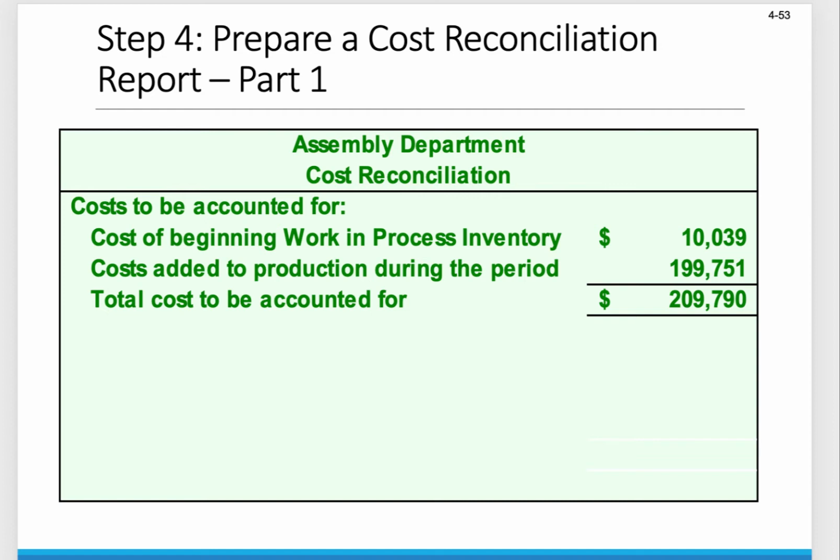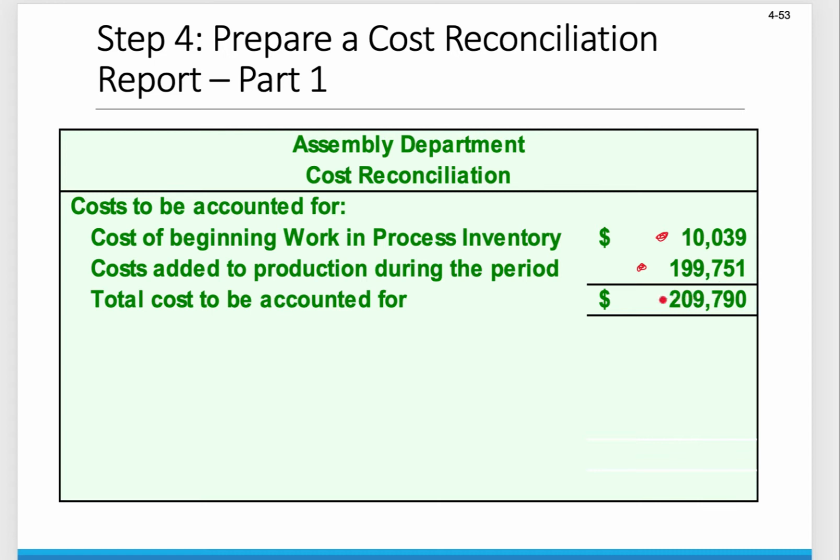Well, we first need to account for the cost of beginning WIP. We could see here that the cost in beginning WIP is $10,039 plus the cost added to production during the period, $199,750.